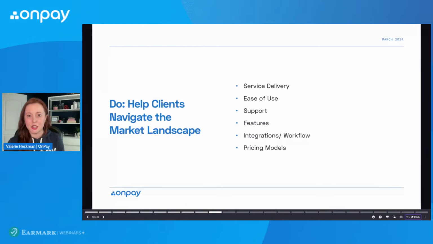That can really make it easier for you to also assess different software across your whole client base as opposed to going one client at a time.